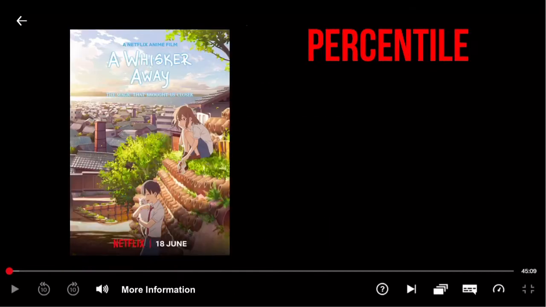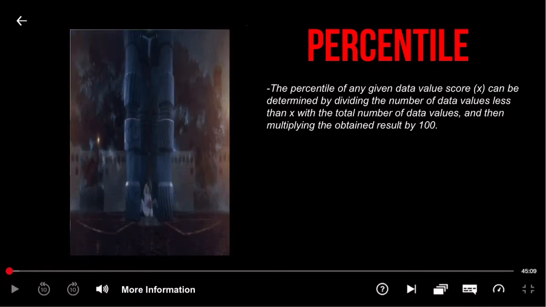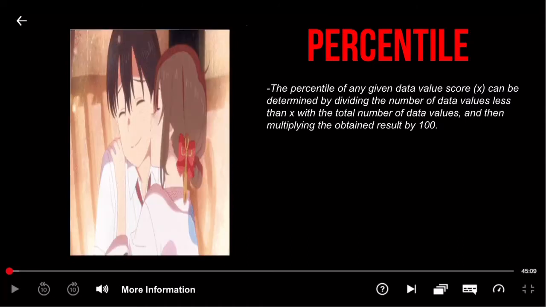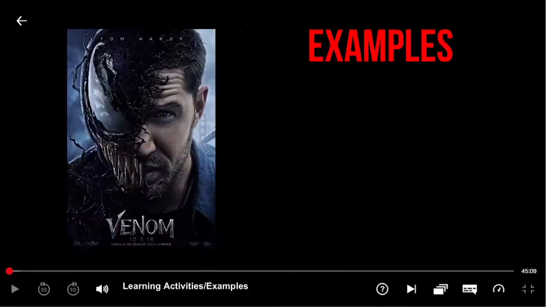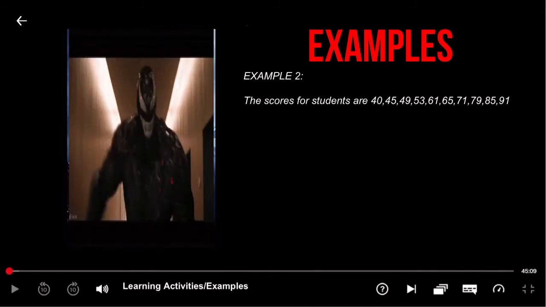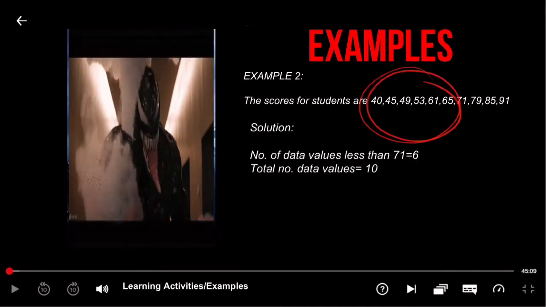The percentile of any given data value x can be determined by dividing the number of data values less than x by the total number of data values and then multiplying the obtained result by 100. Example number 2. The scores of students are 40, 45, 49, 53, 61, 65, 71, 79, 85, and 91. The number of data values less than 71 is 6.